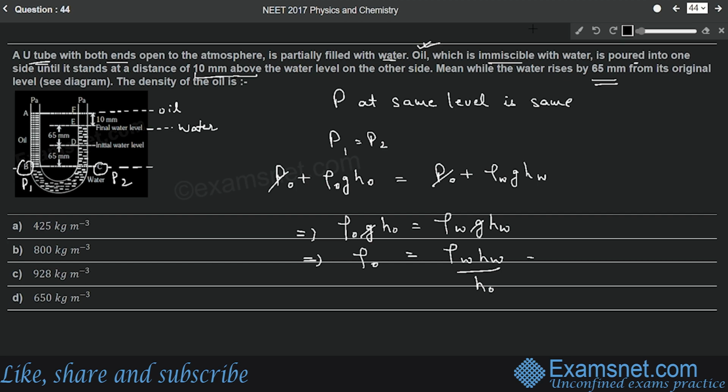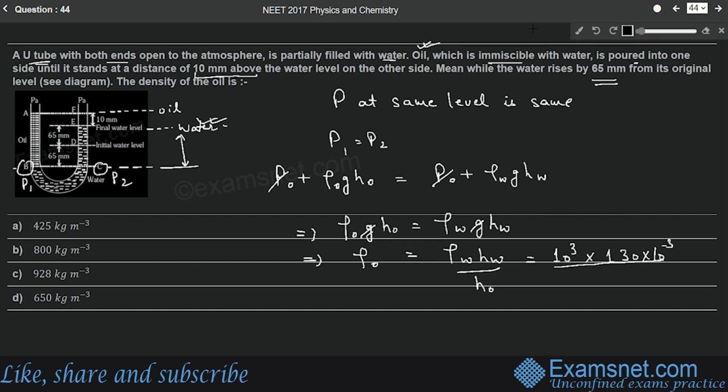Okay. Now let's put the values. The density of water will be 10 to the power 3. Then height of water. See, this is the height of water, right? So from here to here we have 65 millimeter plus 65, that is 130 millimeter. So 130 into 10 to the power minus 3 meter divided by height of oil.